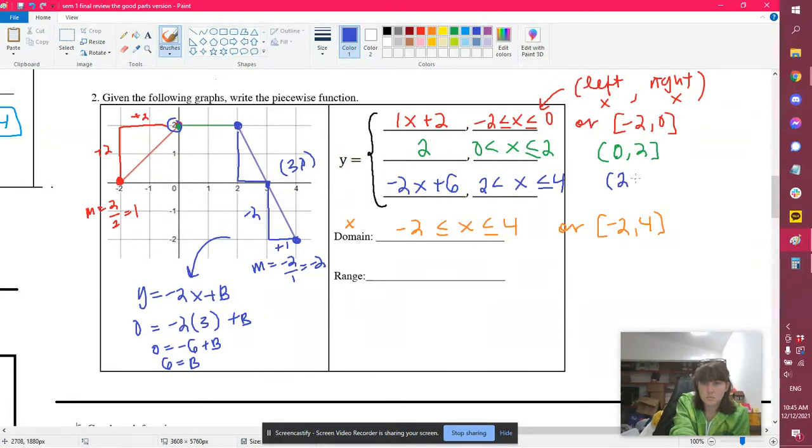Blue. You only have to pick one of these, so if you like one better, do it. The range, the furthest down y is negative 2. The furthest up y is positive 2. Both of these are included, or negative 2 to 2, both with brackets.